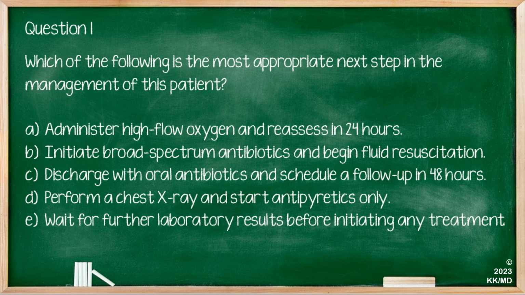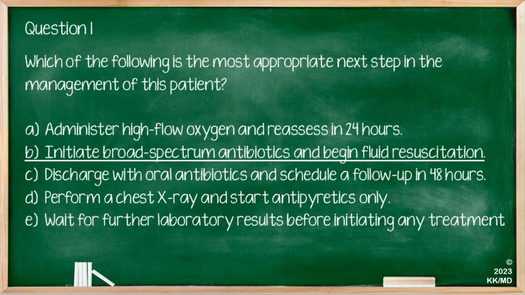However, the wording of the question is clearly describing someone who is acutely unwell and needs resuscitating there and then. Therefore, the correct option is going to be option B, which is initiating broad spectrum antibiotic and starting fluid resuscitation. A lot of the other things, as I said, such as giving high flow oxygen and also getting a chest x-ray, are accurate.